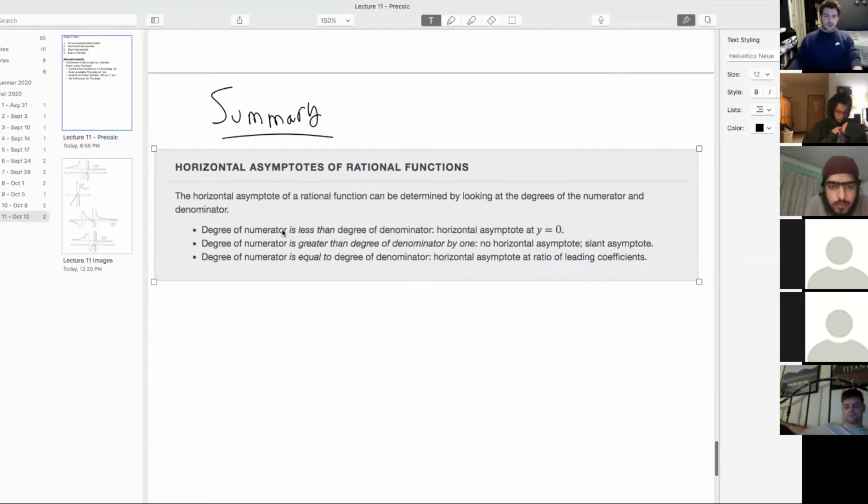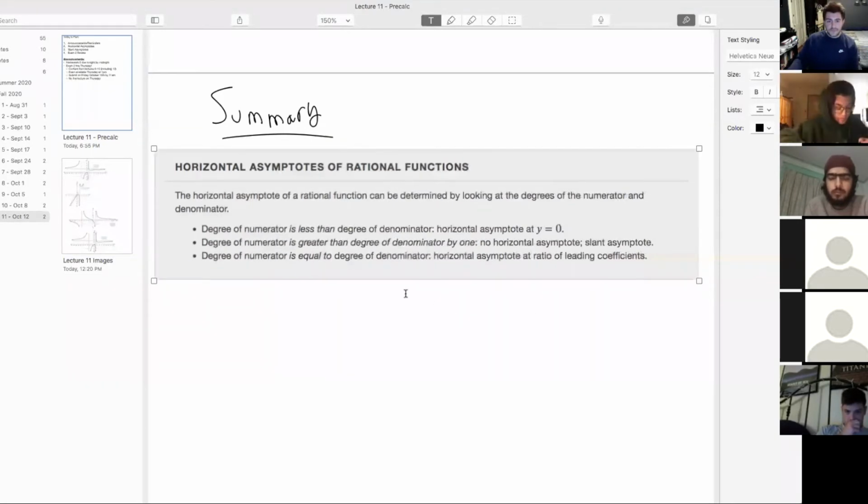Horizontal asymptotes can be determined by looking at the degrees of the numerator and denominator. If the degree of the numerator is less than the degree of the denominator, we have a horizontal asymptote at y equals 0. If the degree of the numerator is greater than the degree of the denominator by 1, there is no horizontal asymptote, and we get a slant asymptote at the quotient.